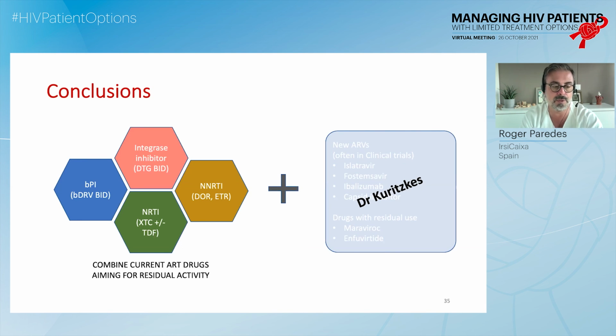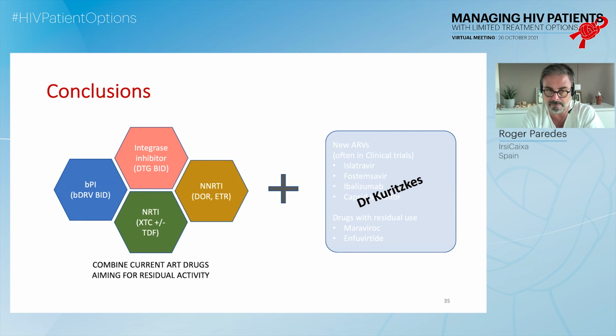So in conclusion, what we have to do in order to manage multi-drug resistance is to combine current antiretroviral drugs, aiming for residual activity. That includes boosted PI, but also after NADIA, we are seeing that dolutegravir can be a good mainstay of at least second-line therapy, and it has to be possibly given in the context of a multi-drug resistant treatment in combination always with a boosted PI.